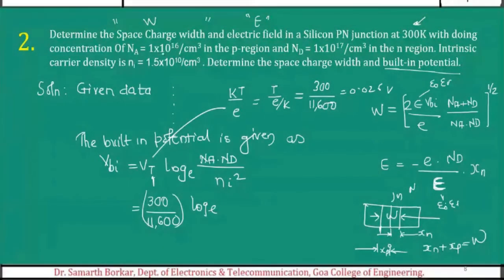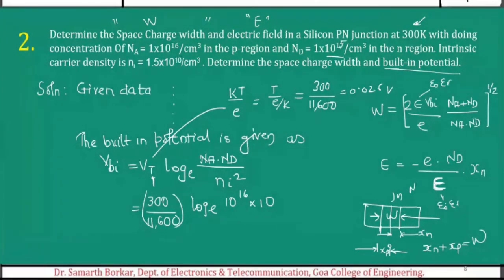NA is 1 into 10 to the power 16, multiplied by ND.